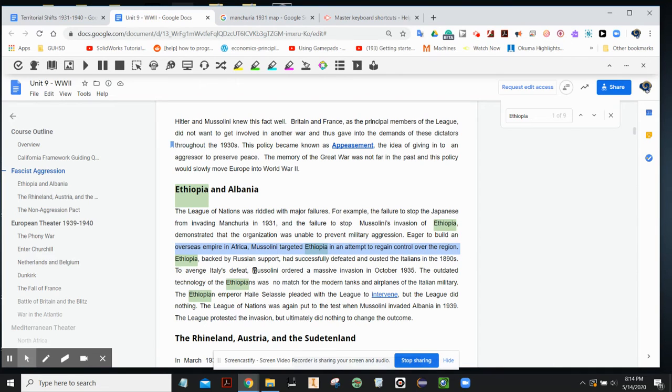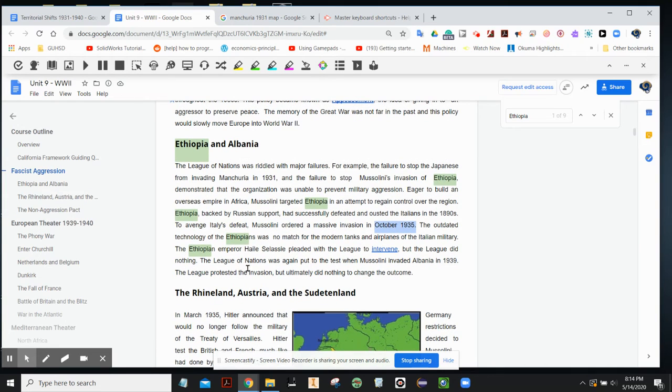To avenge Italy's defeat, Mussolini ordered a massive invasion in October 1935. The outdated technology of the Ethiopians was no match for the modern tanks and airplanes of the Italian military. The Ethiopian Emperor Haile Selassie pleaded with the League of Nations to intervene, but the League did nothing. The League of Nations was again put to the test when Mussolini invaded Albania in 1939. The League protested the invasion, but ultimately did nothing to change the outcome.